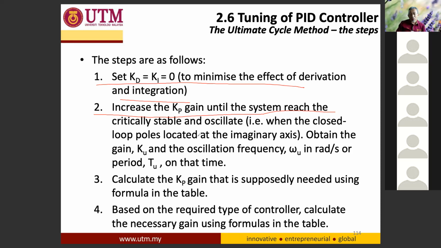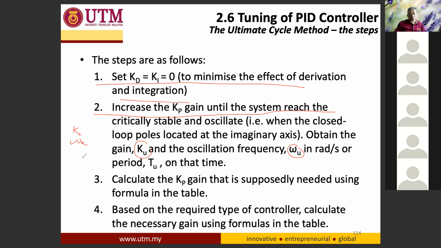And then obtain the gain which is known as KU, KC or KU. Okay, some books refer to it as KC, some books refer to it as KU, and the oscillation frequency which is omega U. Okay, so in some books they are using KC and then omega n.